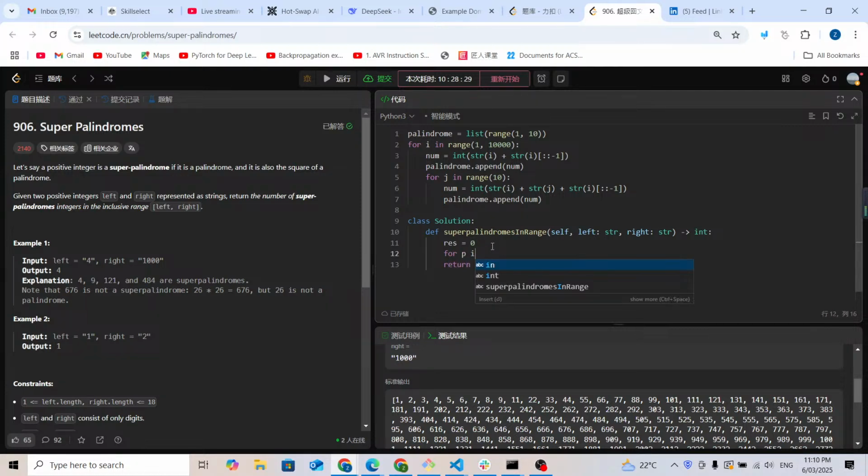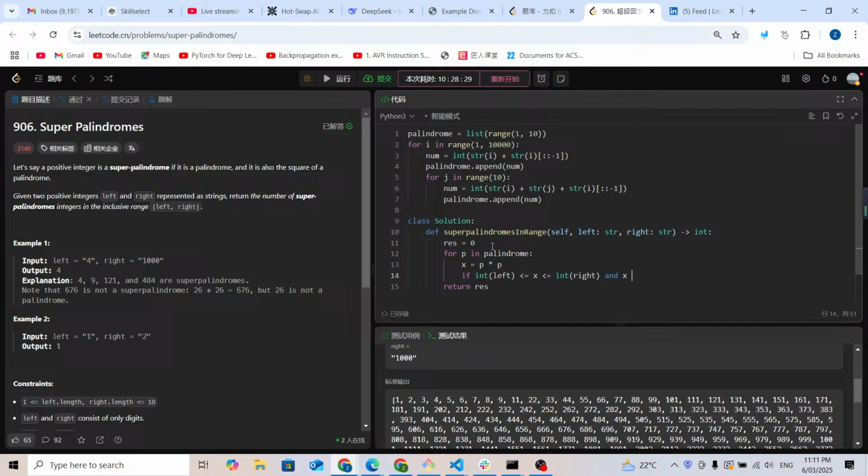So for any palindrome inside the palindrome array, we're going to calculate the square, it's going to be p times p. And then we're going to check this number. So if this number, let me use the integer of left, is more than left and less than the integer of right, and also it is a palindrome itself, how can we check that?